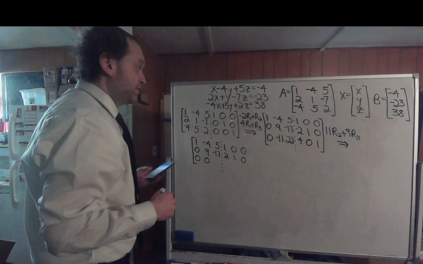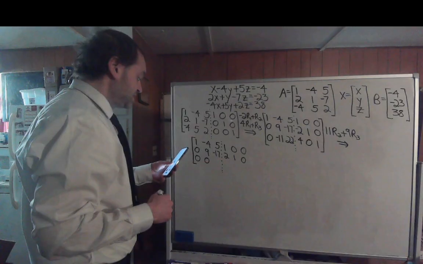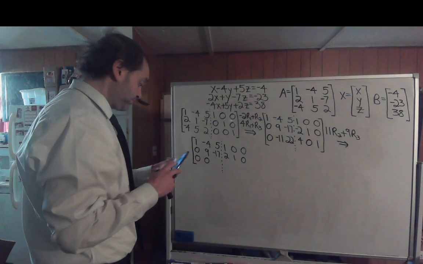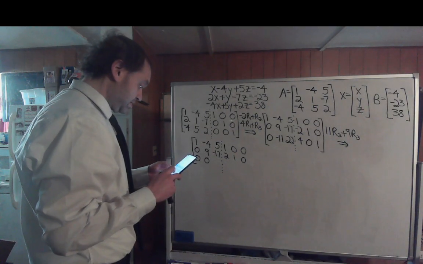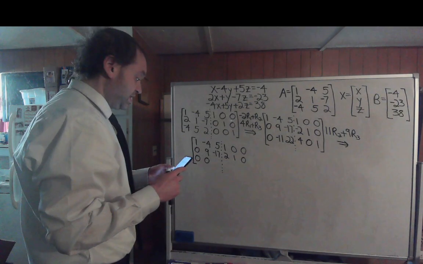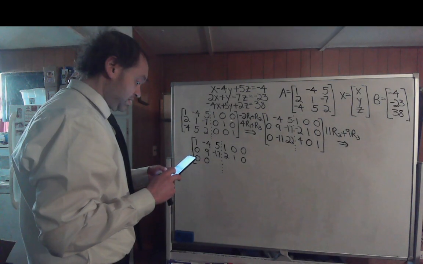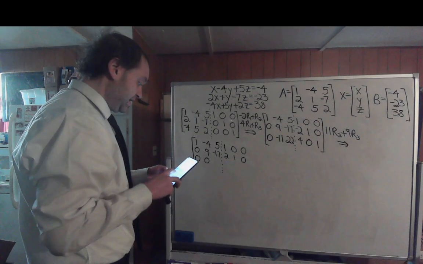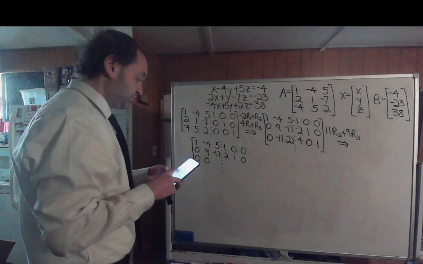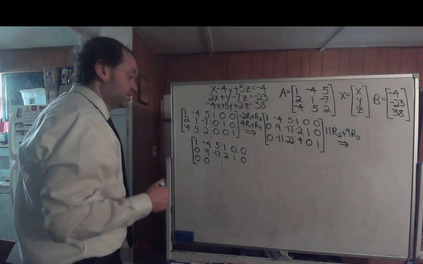Good grief. Let's find 11 times negative 17. That'd be negative 187, and then 22 times 9 is 198. So negative 187 plus 198 is positive 11.